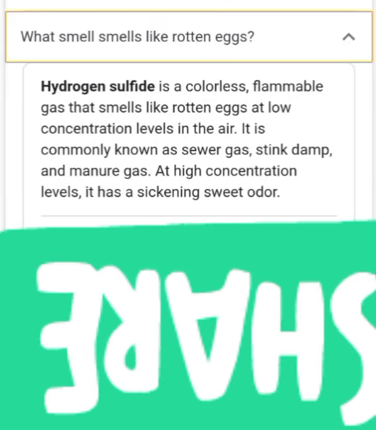All right. Also knowing the smell of some compounds is very important in salt analysis. We're analyzing salt, color and smell, odor, very important. For example, hydrogen sulfide is a colorless and flammable gas that smells like rotten egg.